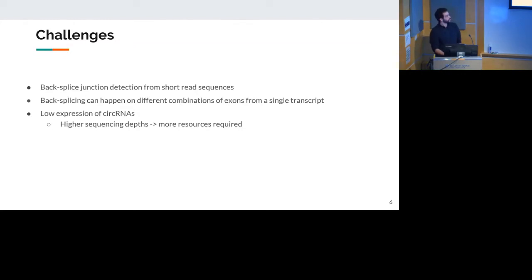Also, from a single transcript, multiple back-splicing events can happen. And finally, circular RNAs are usually of low abundance in typical data sets. To overcome this issue, higher sequencing depths are used, but this requires more resources to process.